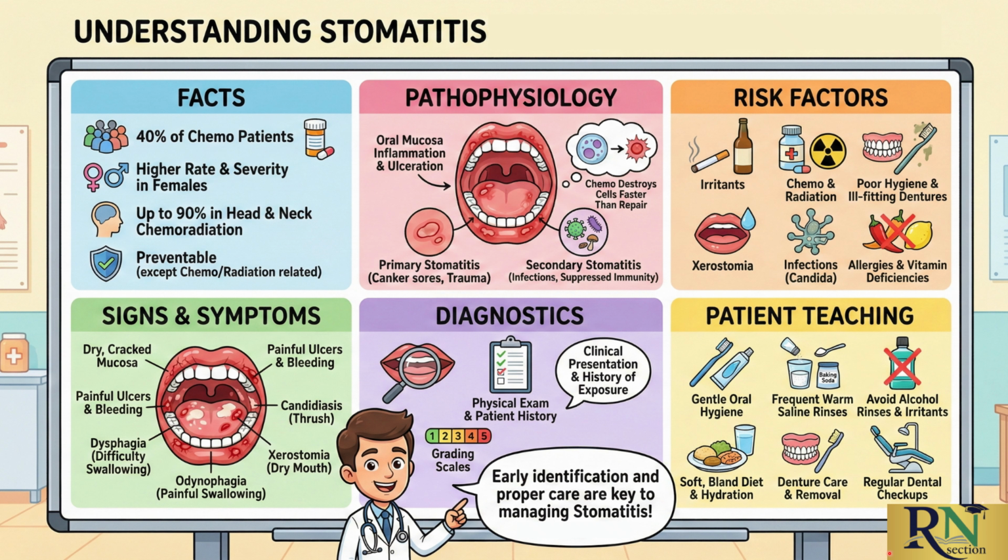Choose food high in protein or vitamin C to promote healing. For dental care, encourage a regular dental checkup at least 1 month before chemo. We have radiation, hydration: sip water and suck on ice chips to manage the dry mouth. So that's it for stomatitis.